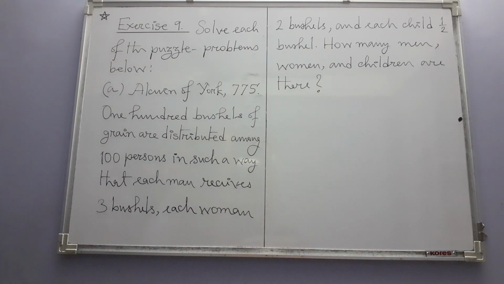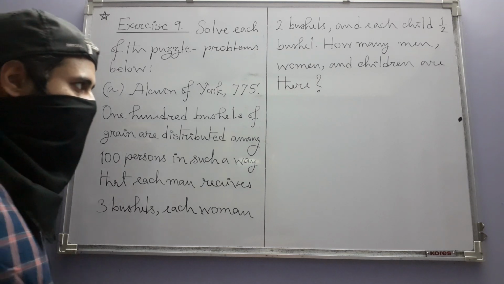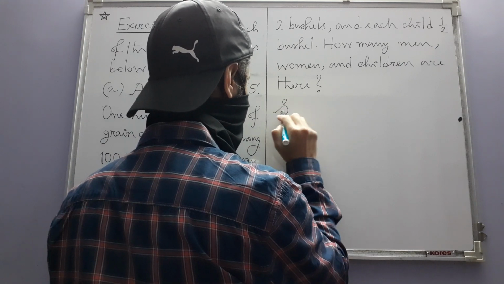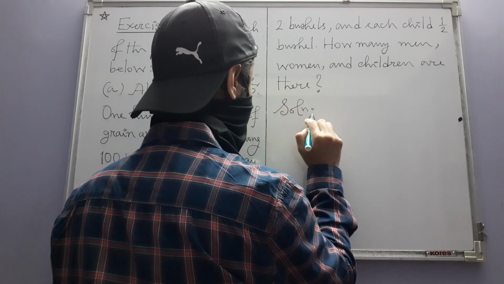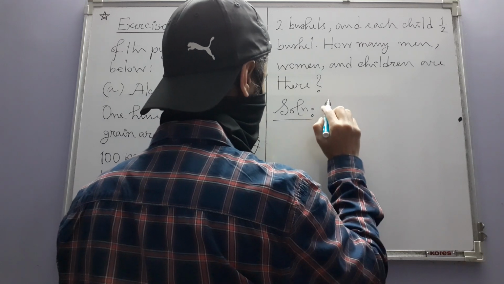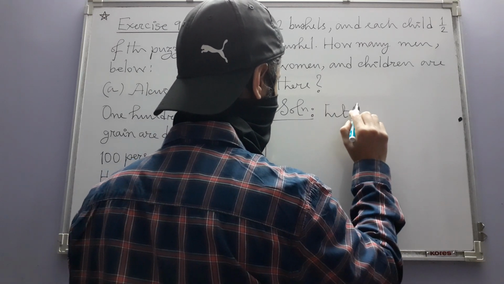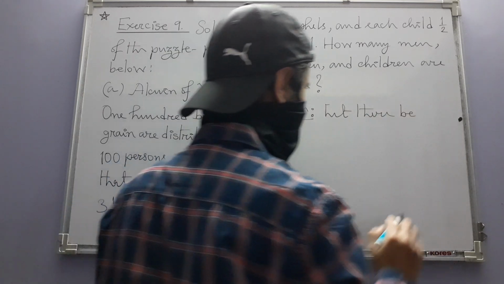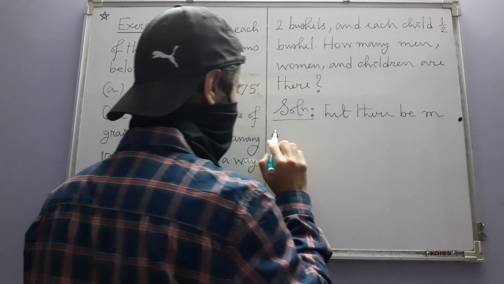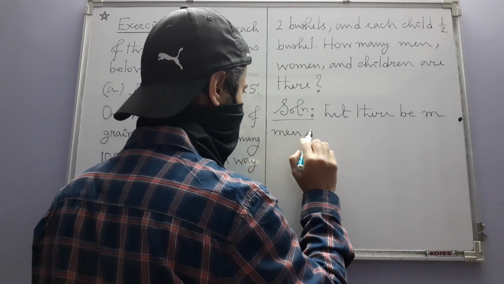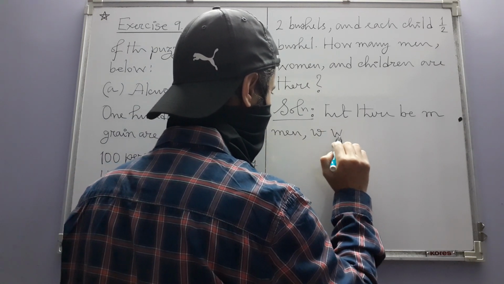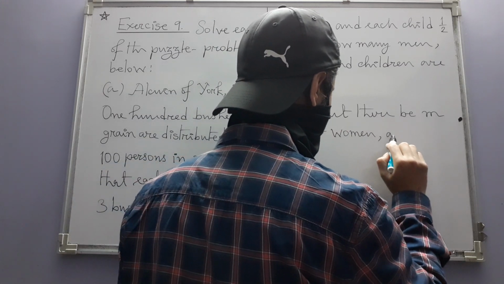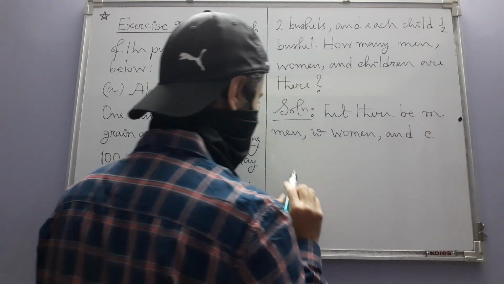So we have to first of all formulate the problem by naming the variables. So let there be m men, w women and c children.